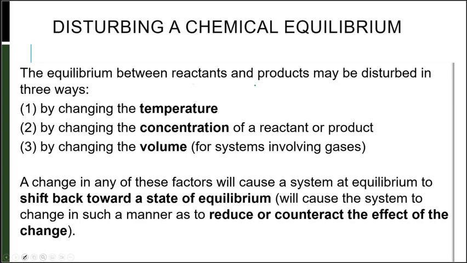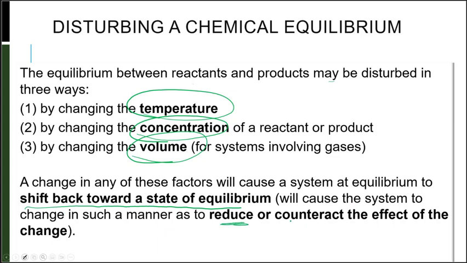The equilibrium between reactants and products may be disturbed in three ways. We can change the temperature, we can change the concentration of a reactant or product, and we can change the volume for systems that involve gases. A change in any of these factors will cause a system at equilibrium to shift back toward a state of equilibrium, which will cause the system to change in such a manner as to reduce or counteract the effect of the change.